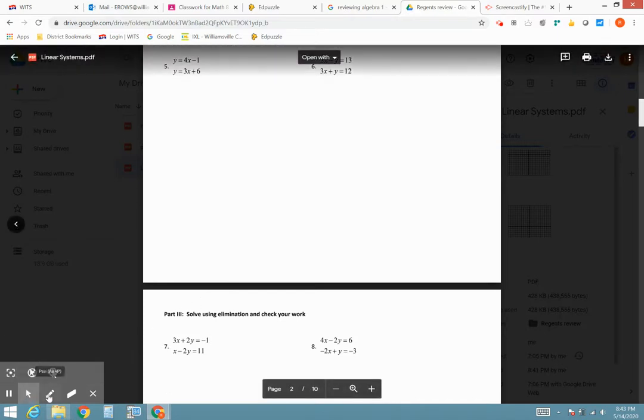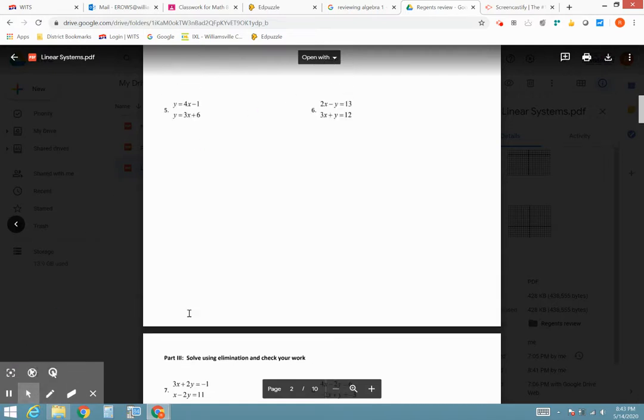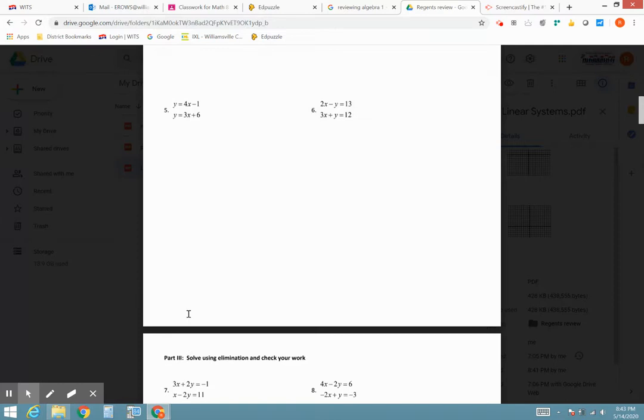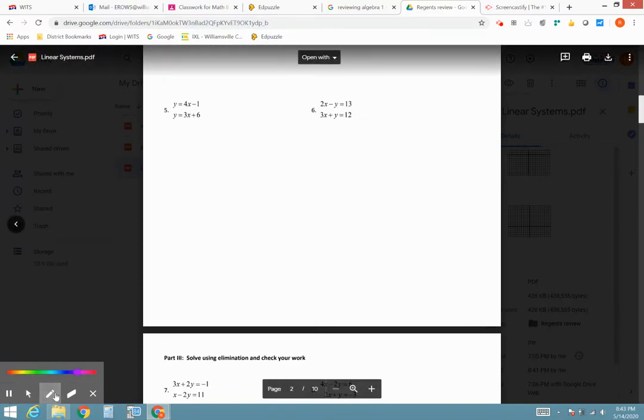So the first thing I need to do is solve one of the equations for one of the variables, which of course now I can't see the equation. Come on. All right, so I'm going to solve this bottom equation for y. So we get y equals negative 3x plus 12. So I take this and I plug it in for y up here.